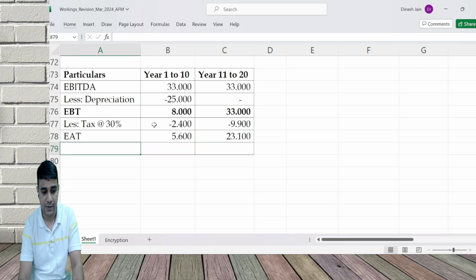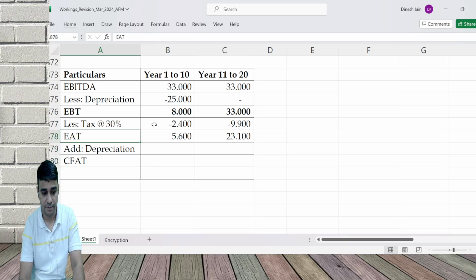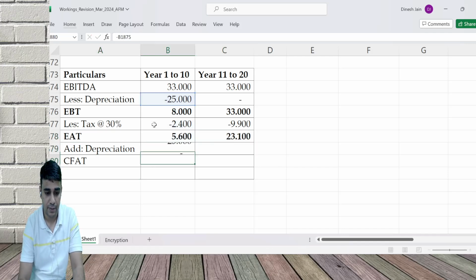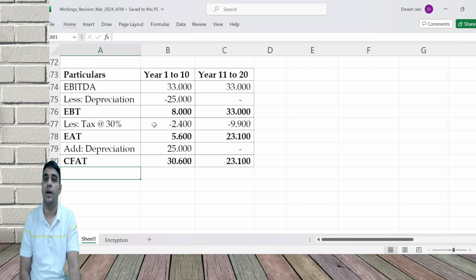Add back depreciation and CFAT. EAT, add back depreciation and CFAT. Clear? Any doubts on this? Done?